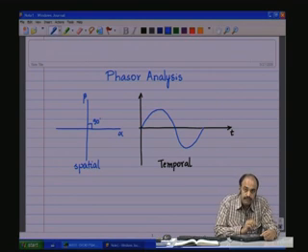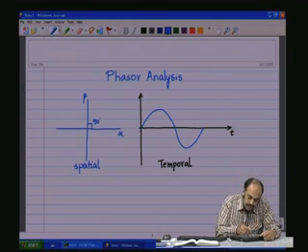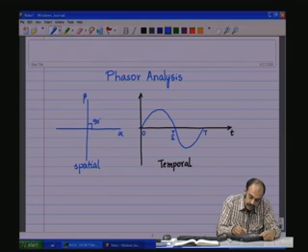So, we have a sine wave here. Now, this sine wave starts with time equal to 0, this is time equal to T by 2, and this is T, where frequency f is equal to 1 by T.